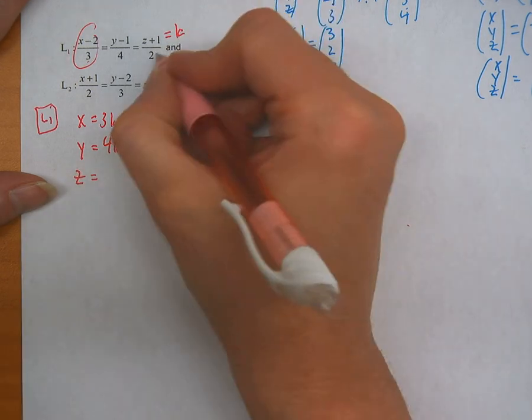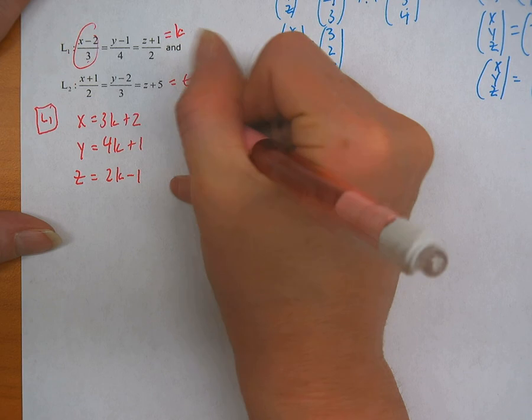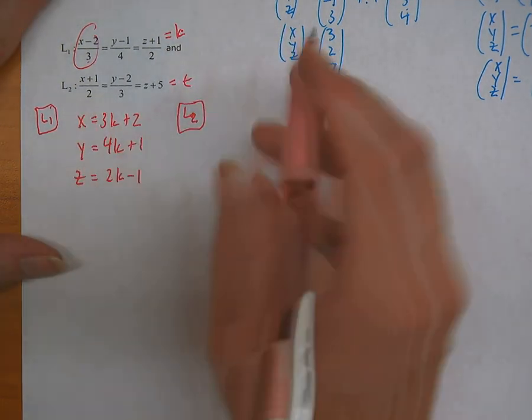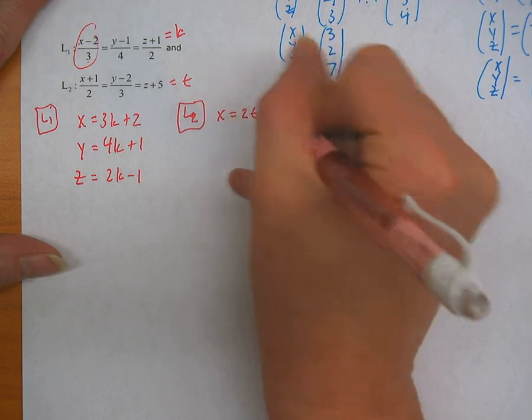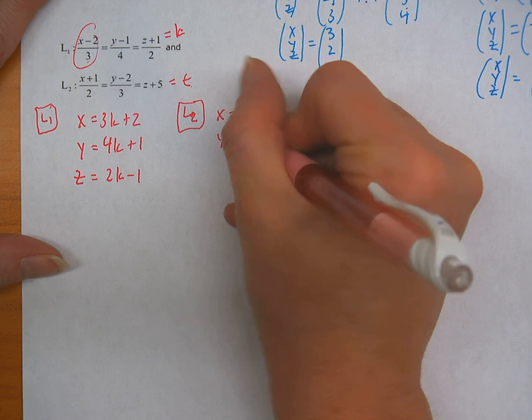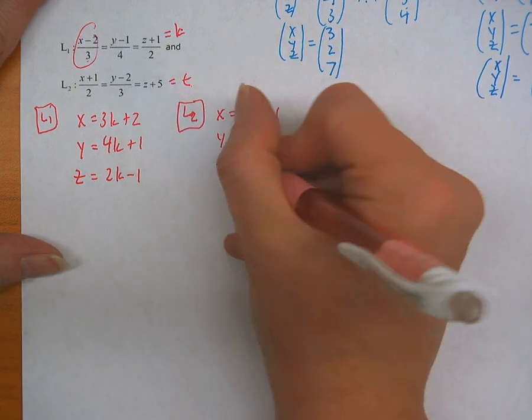And for the Z component, times the 2 over and subtract 1. For line number 2, I'll multiply 2 and then subtract 1. For Y, I'll multiply 3 over and add 2. And for Z, I'll subtract 5.